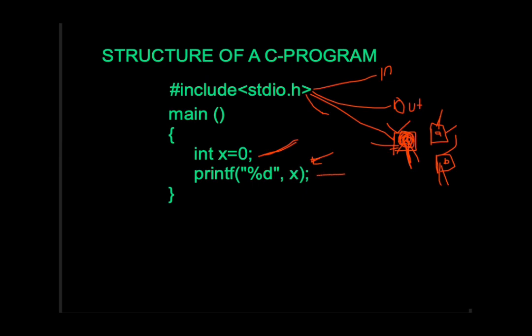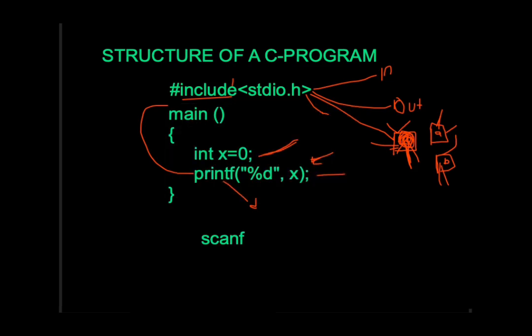So the meaning of this print function is found in here. This print function is going to print. Print actually means display. And we also have another one, which is the scan function.